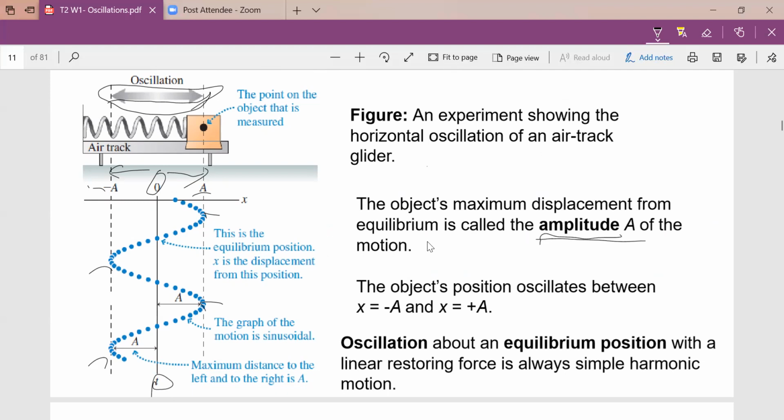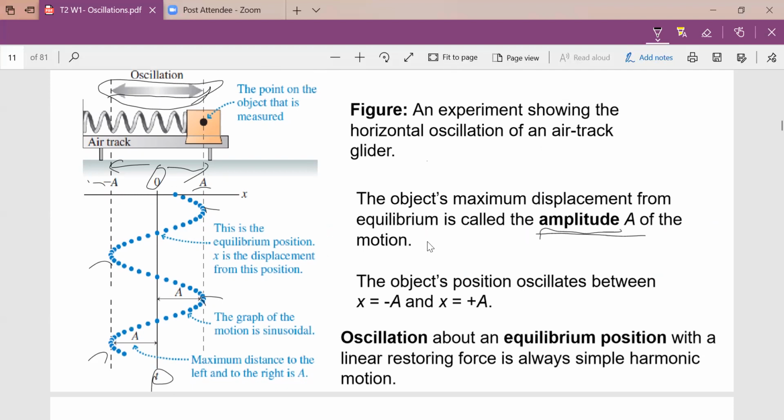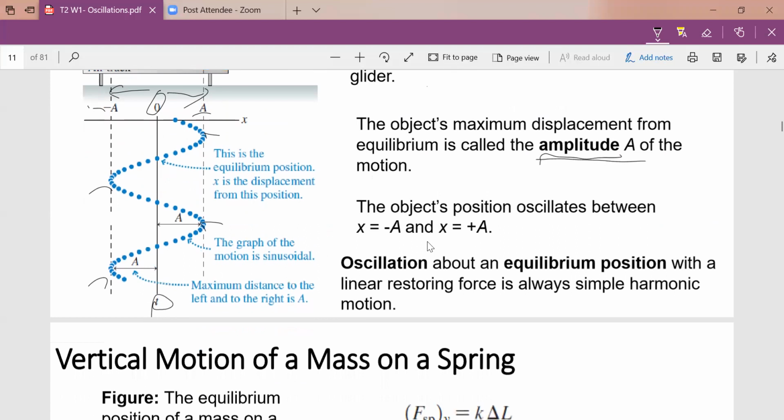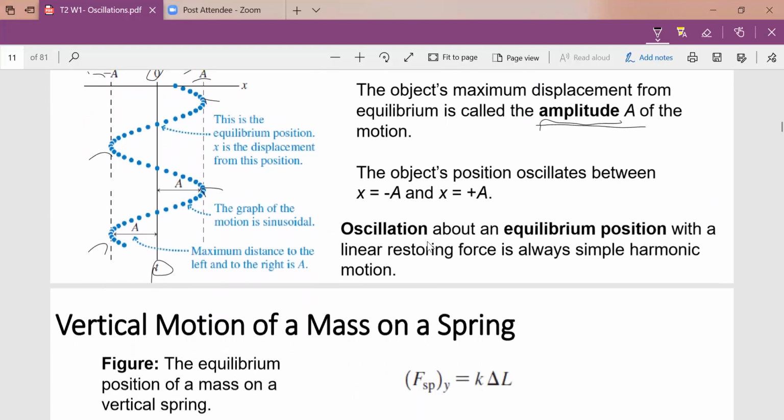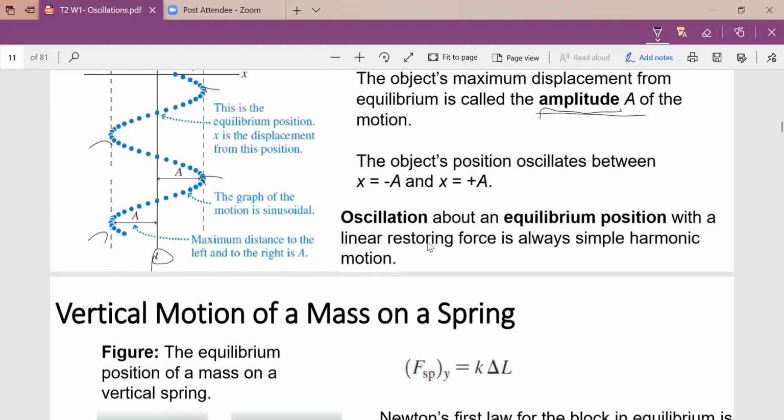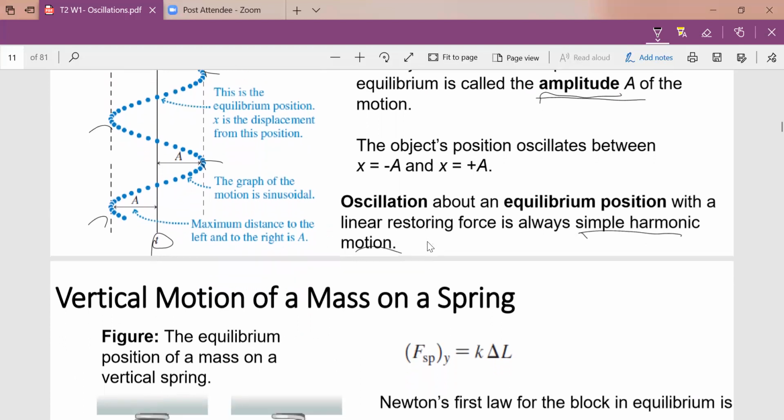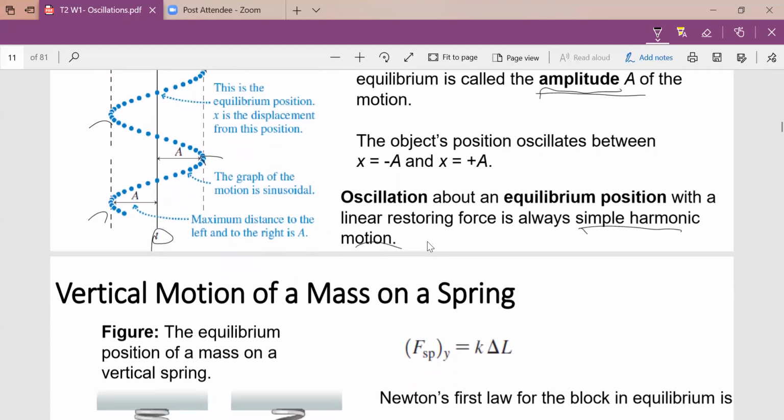Okay, so we'll have the positive amplitude and the negative amplitude that emphasizes the direction of that displacement. So oscillation about an equilibrium position with a linear restoring force is always a simple harmonic motion. And that is how we connect the force and the simple harmonic motion.